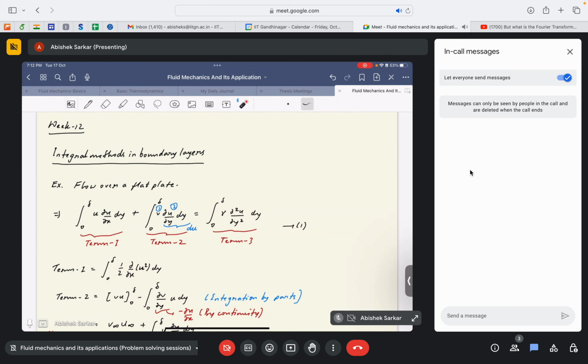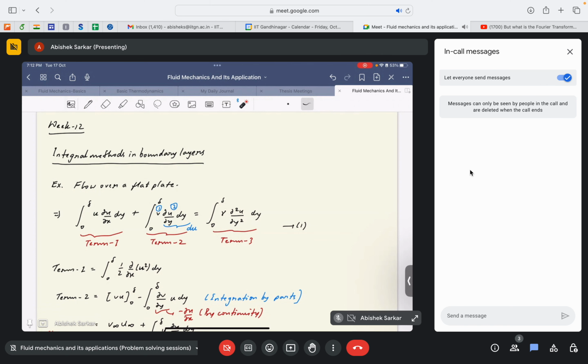So in today's session we will be discussing how integral methods are used to solve such problems. In the previous case it was quite simple, we just obtained how the boundary layer thickness varies, and then the shear stress distribution.